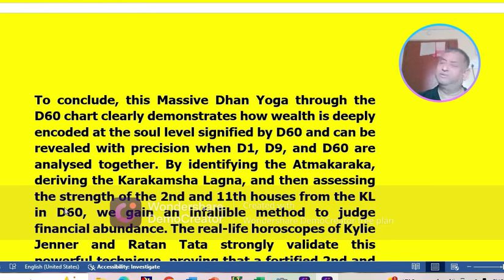To conclude, I have shown you two horoscopes. Now I am recapping. This massive Dhan Yoga through the D60 chart clearly demonstrates how wealth is deeply encoded at the soul level, signified by D60. D60 is the soul.